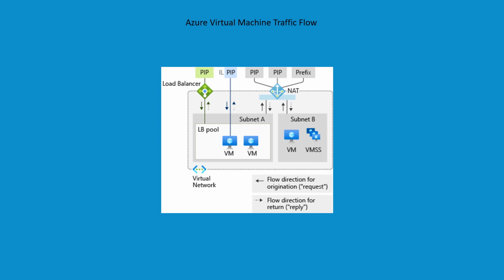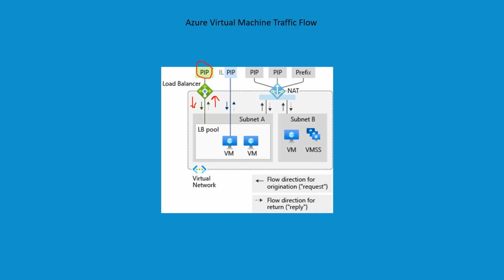Now let's take a look at this diagram and discuss the traffic flow. You might have multiple scenarios. Maybe your resources are behind the load balancer, and any request which is coming from outside in this direction will be going outside from here, and the IP used is going to be the public IP assigned to the load balancer instance.